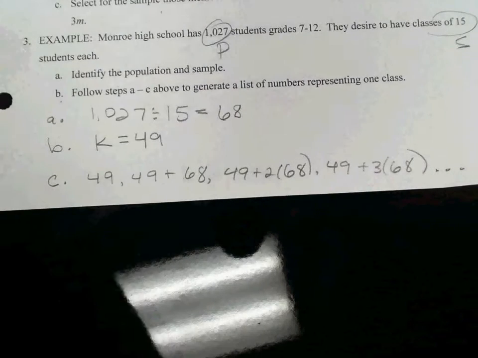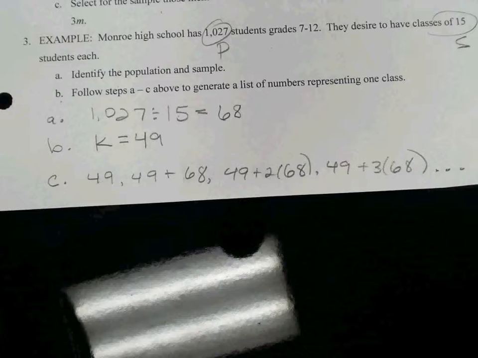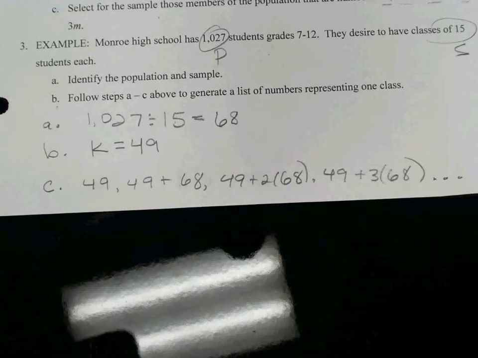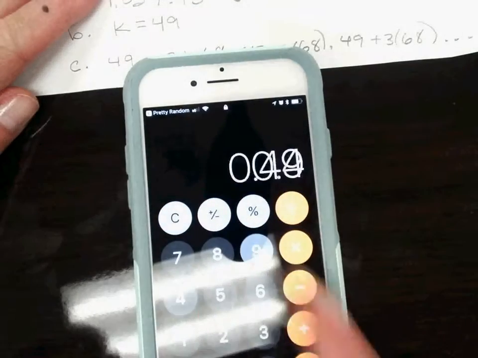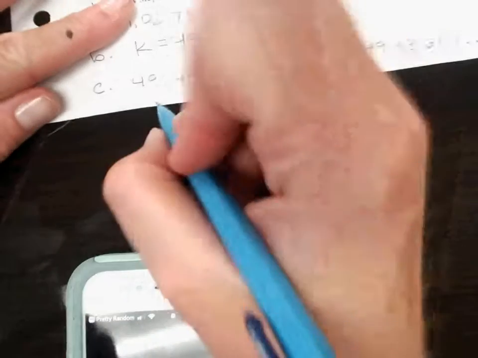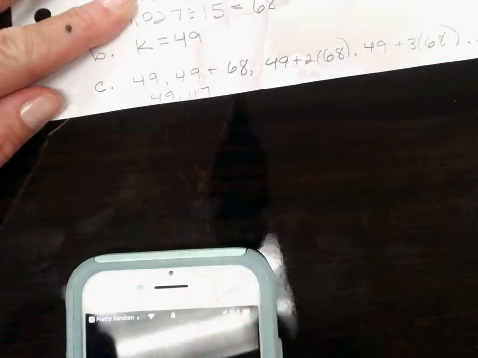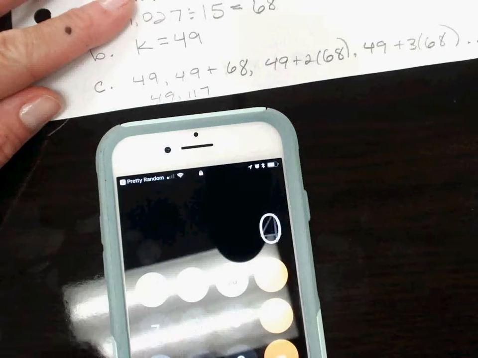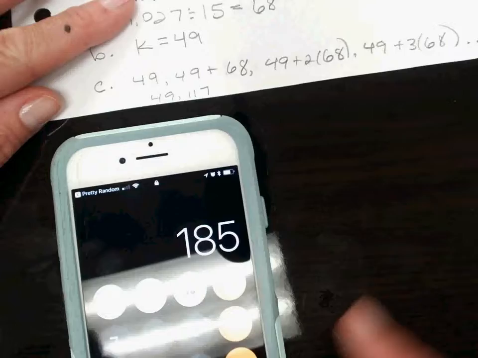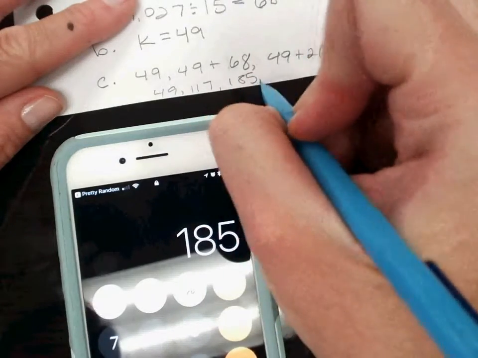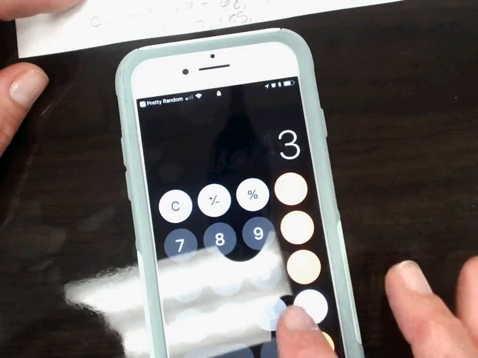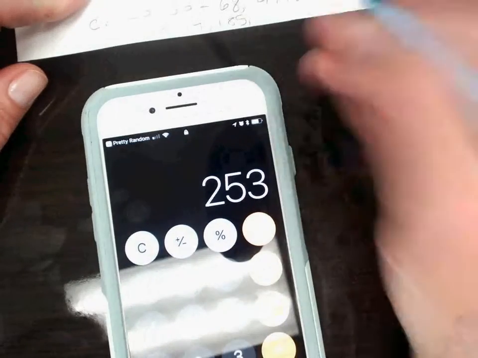You could probably do some of this in your head, but you're going 49, then 49 plus 68, it's 117, so we have 49, 117, and you could do 49 plus 2 times 68, that's 185. I'm showing you this. 49 plus 3 times 68 is 253.